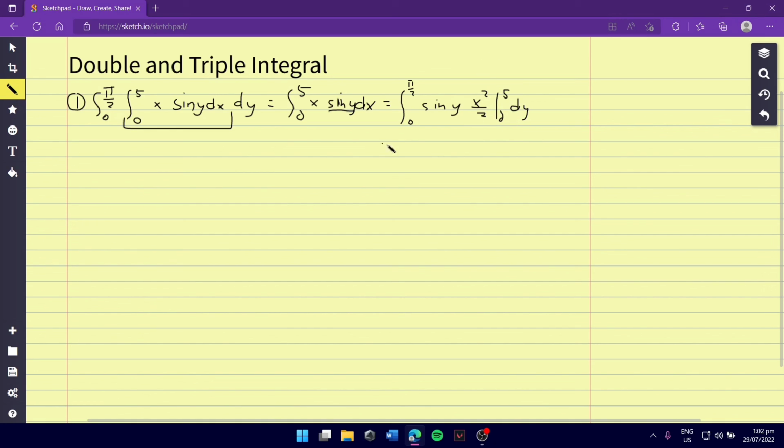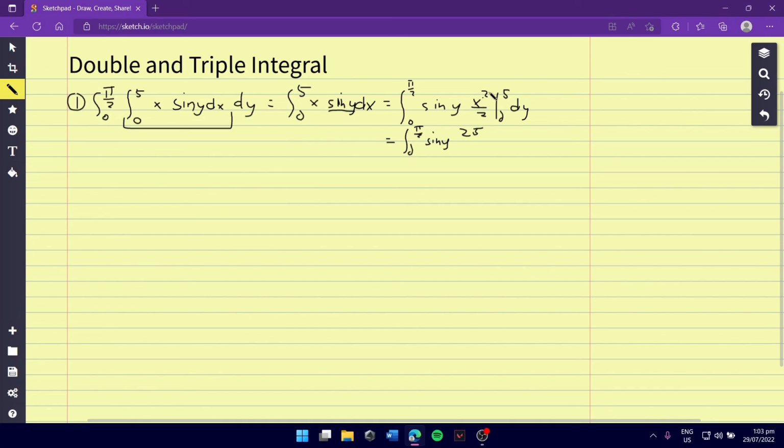So we will now distribute the value of the integral. We have here 0 to pi over 2, then the sine y, and then when we distribute, we have here 25, since this is x squared and the upper limit is 5.